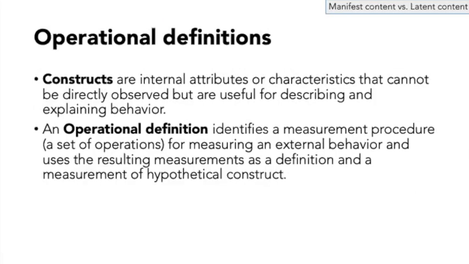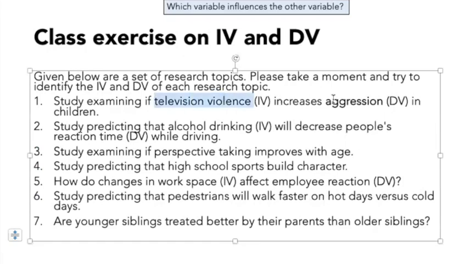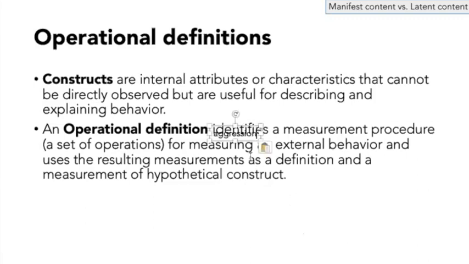Now, here's the interesting part. Now you have variables. We know we have variables. But how exactly are we going to measure these things? For example, television violence and aggression. Let's get aggression here. Aggression is a variable that you want to measure. Now I'm going to copy this and put this on the next page. Okay.